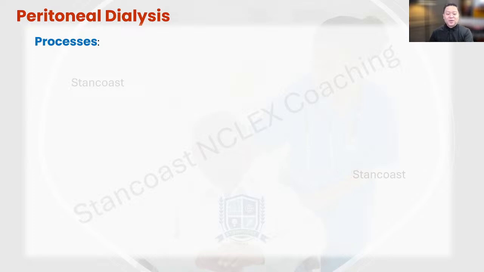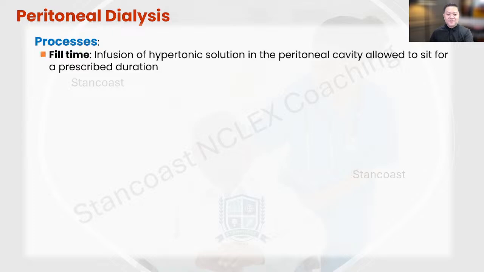With the processes involved here, we'll start with the fill phase, wherein this is the first step that involves the infusion of the dialysis solution into the abdomen, and this will be done through a catheter.